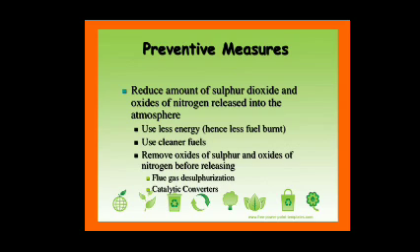Preventive measures. Reduce the amount of sulfur dioxide and oxides of nitrogen released into the atmosphere. Use less energy. Use clean fuel. Remove oxides of sulfur and oxides of nitrogen before releasing.